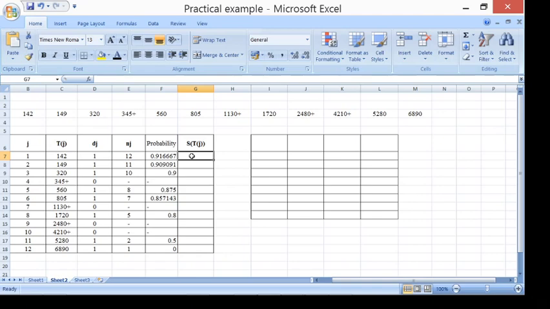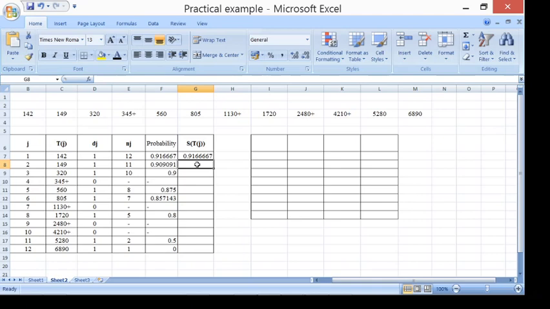Now this is the first time point, so whatever unconditional probability is there for this specific time point will be treated as the conditional probability, because all the components that were there at time point 0 were available at 142 minus, and therefore it will be simply this probability 0.9166.